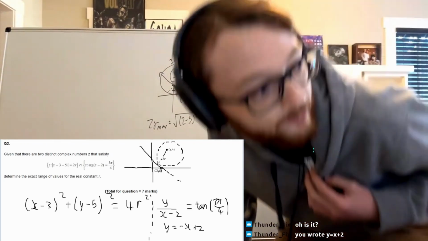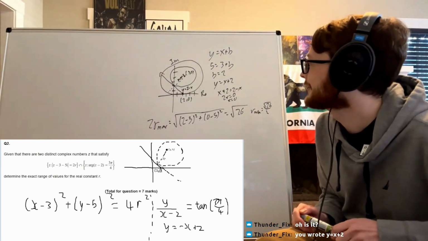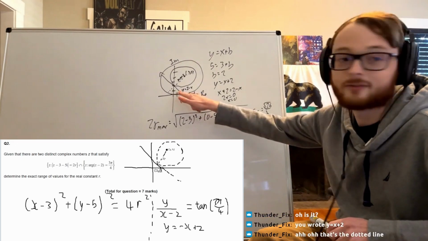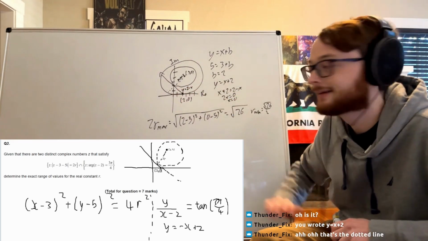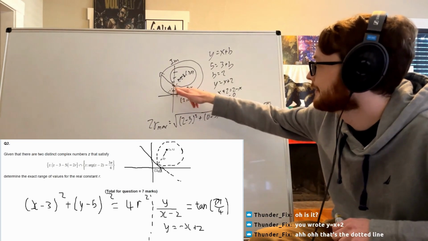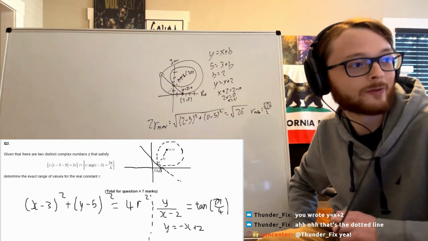Oh yeah, so the line that you also have in your drawing is 2 minus x, the solid line, the same one that we both have. And then the dotted line that I drew is x plus 2, because that's the perpendicular.